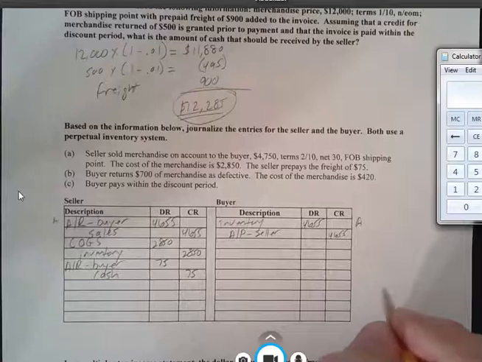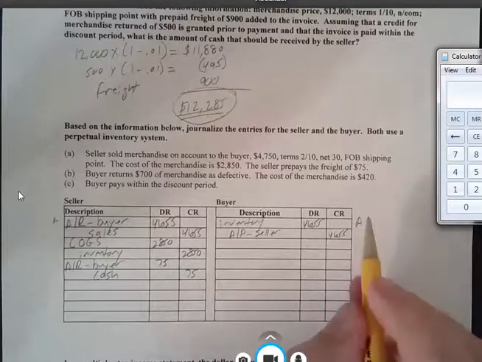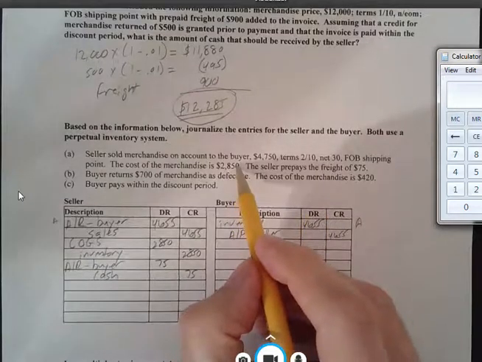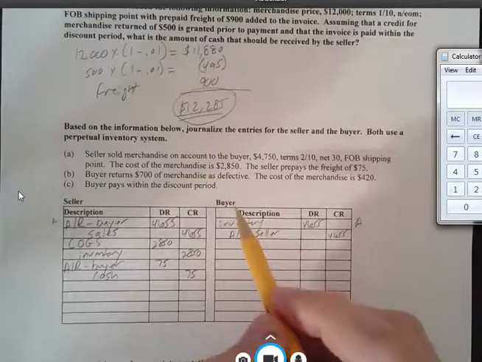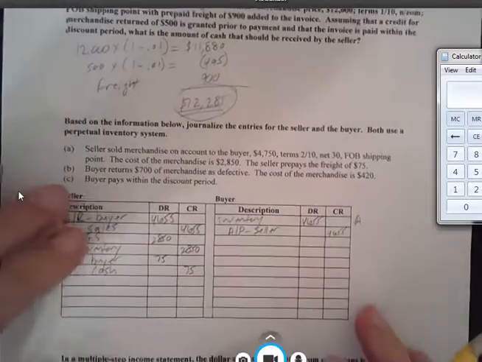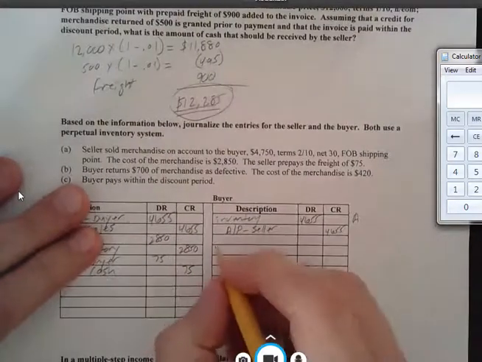Now, the buyer is not concerned with, or probably doesn't want to know, what the cost of the merchandise is for the seller, but they are going to have to pay this freight charge. And they're going to roll that into inventory.